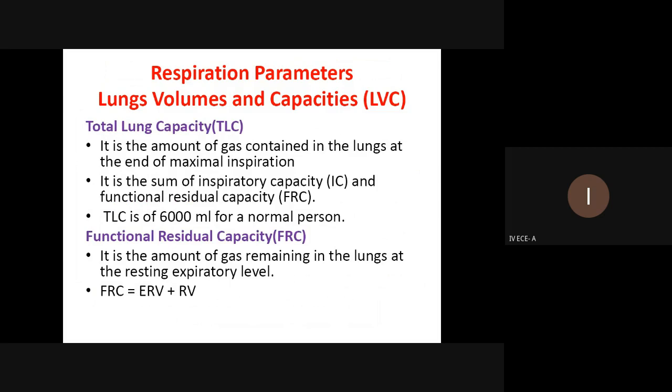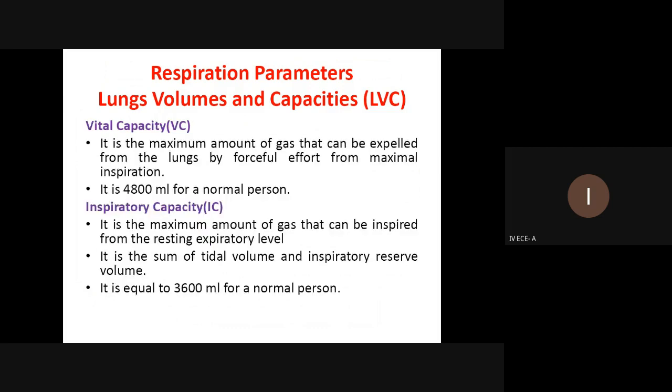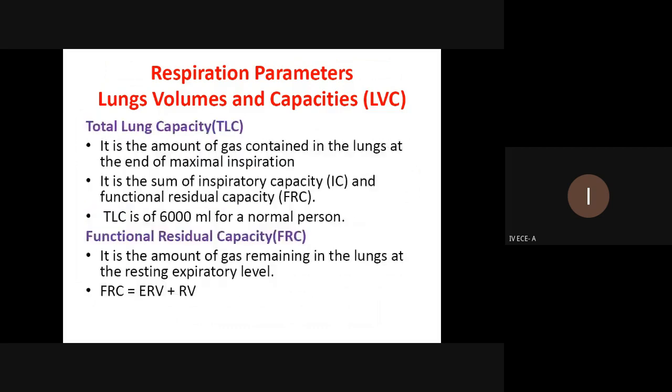It is equal to 3600 ml for a normal person. Then total lung capacity is the amount of gas contained in the lungs at the end of maximal inspiration. It is the sum of inspiratory capacity and functional residual capacity. Its value is 6000 ml. Functional residual capacity, FRC, is equal to ERV plus RV, that is expiratory reserve volume plus residual volume.